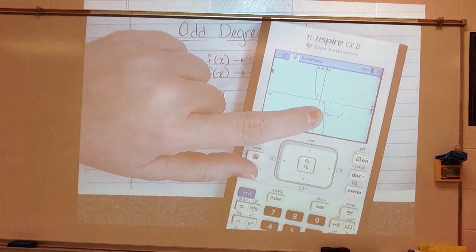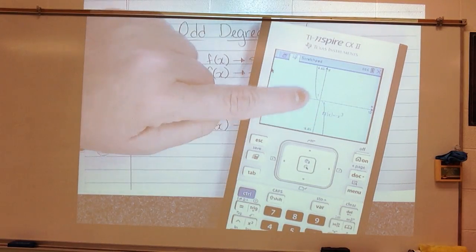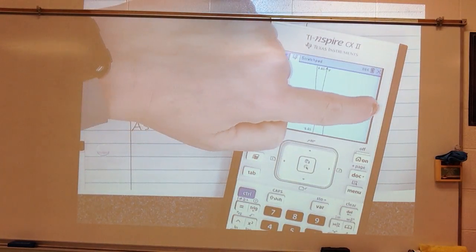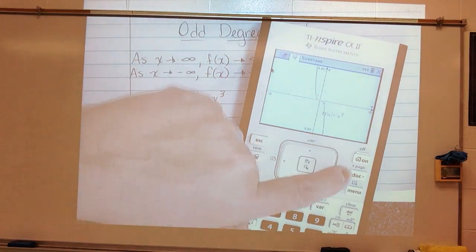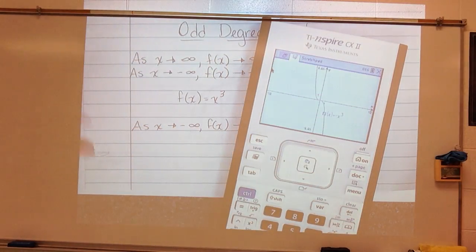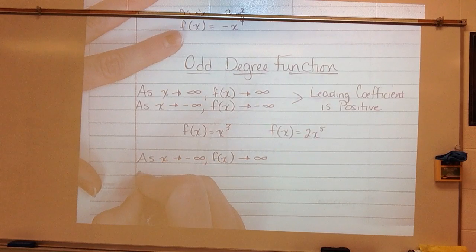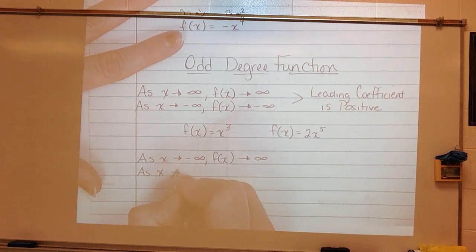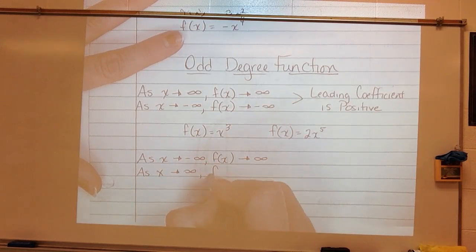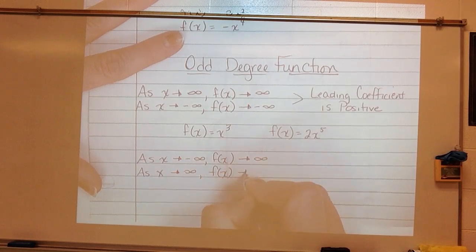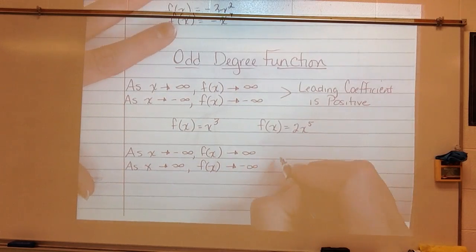All right? Look at this. As my x values become positive numbers, my graph is going into the negatives. So as x approaches positive infinity, my function is going to negative infinity.